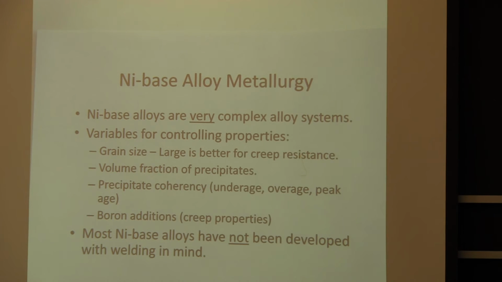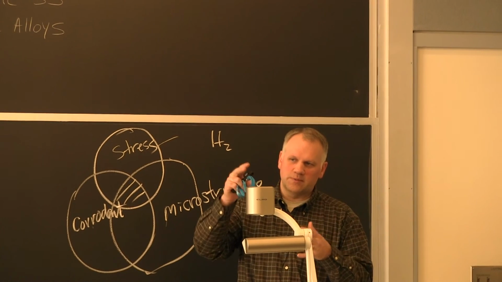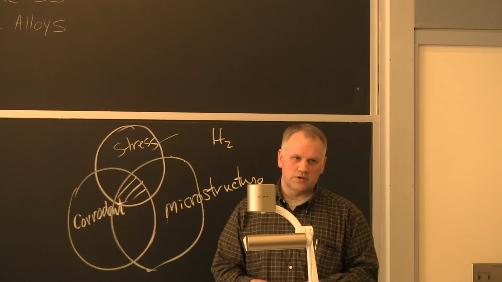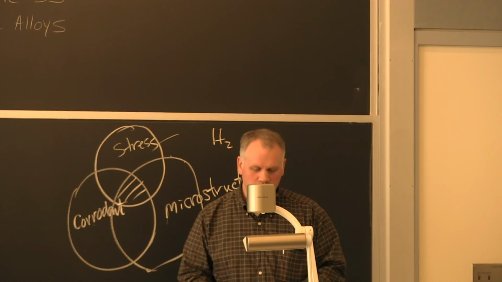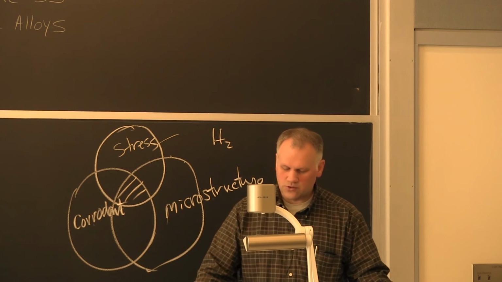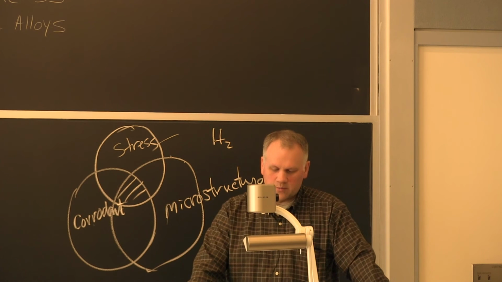They're not providing enough stress in the lattice to strengthen the material. If you've overaged them, you've grown them to where they're too big and they're not providing the strength that you want. And there's something called a peak age, in which you've grown those precipitates to a certain point where you've strengthened the material to its peak strength. And so those are all things that can be controlled when you're controlling the properties of the alloy.